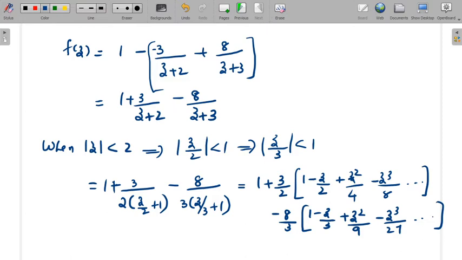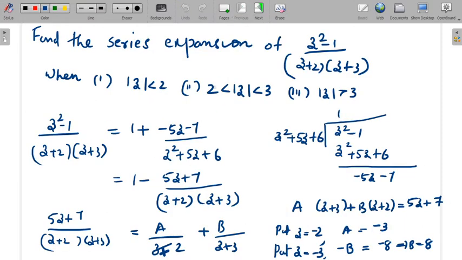And when you come to the next region, 2 less than mod z less than 3.